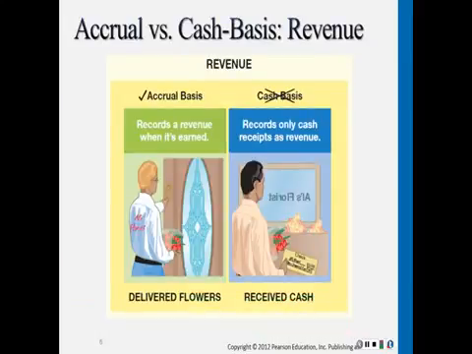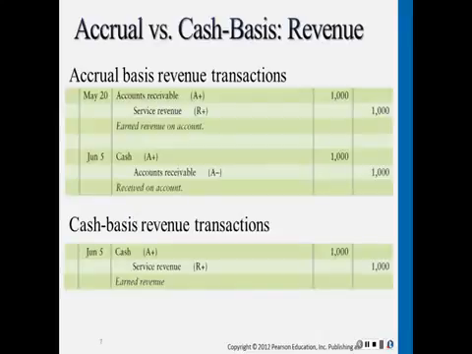This exhibit illustrates the difference between accrual basis and cash basis accounting for a florist. Now let's see how differently the accrual basis and cash basis account for a revenue. Suppose Smart Touch performed service and earned revenue on May 20th, 2013, but did not collect cash until June 5th, 2013.